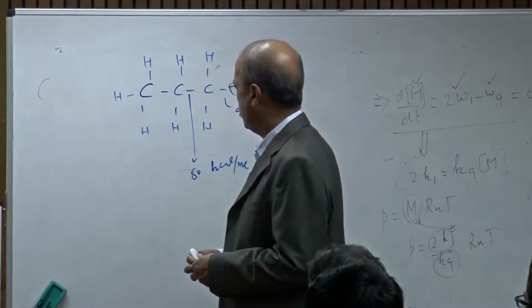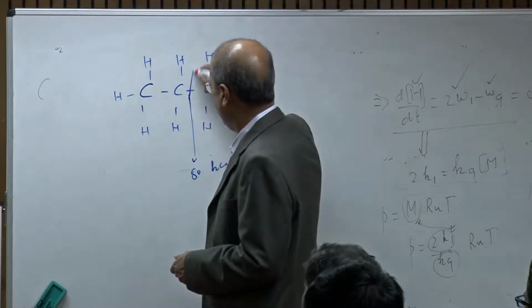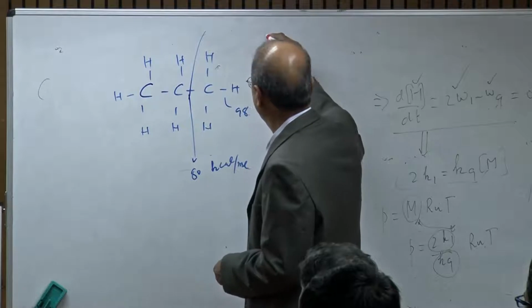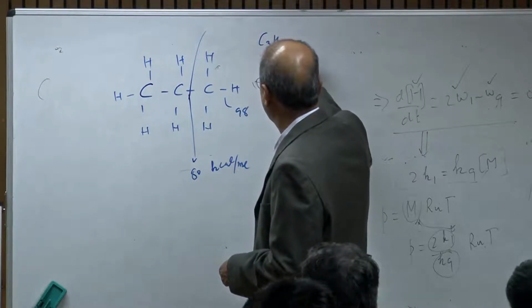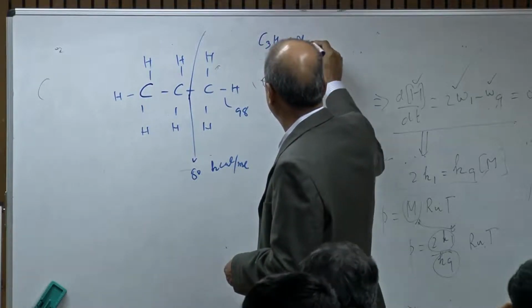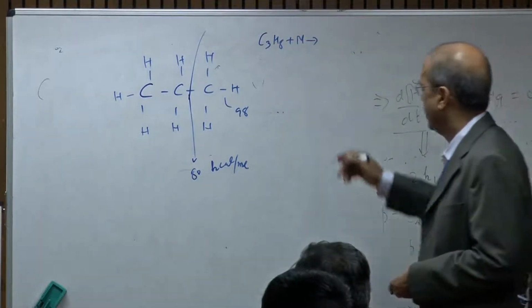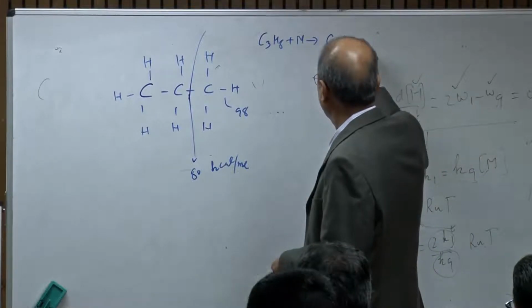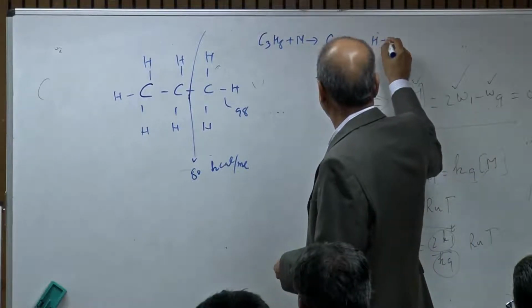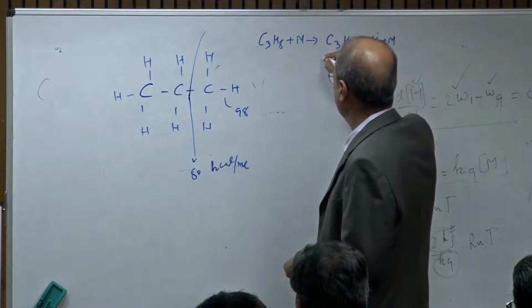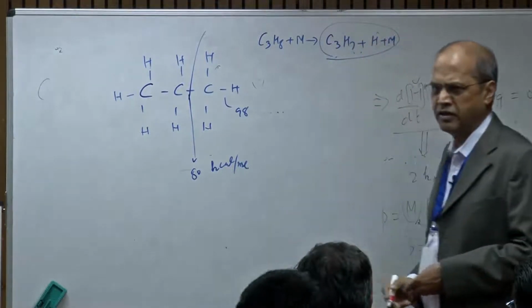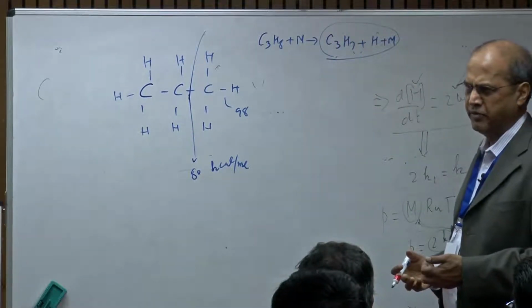So the CC bond will break. If this bond breaks, you have propane plus M, and you can see what will likely happen. This is less likely to happen initially, because it requires breaking of the CH bond.